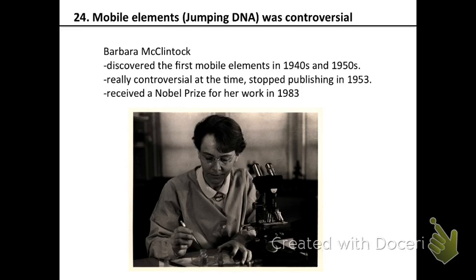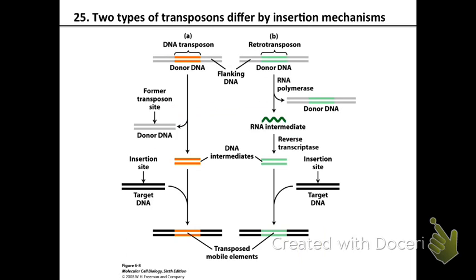The scientists were really against this idea, because the DNA carries the information that is necessary to develop an organism, so how can you have pieces of DNA jumping around, right? You need some stability to pass the information. So it was very controversial, and she stopped publishing on this subject for a while, but later her work became recognized when other people got convinced by the evidence that there are actually these jumping elements, these mobile elements.